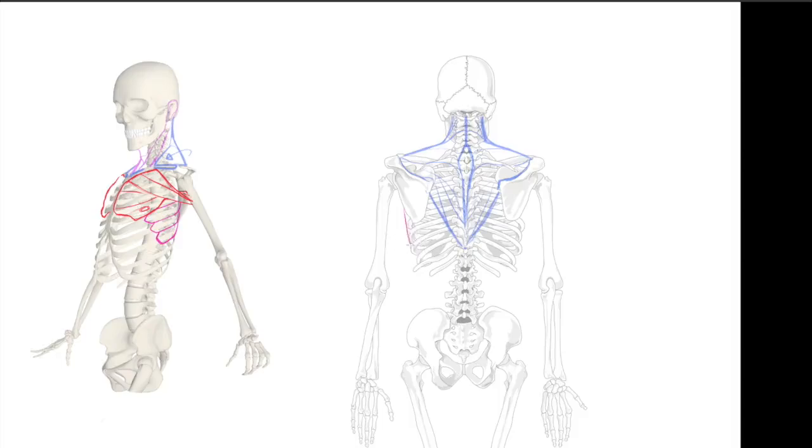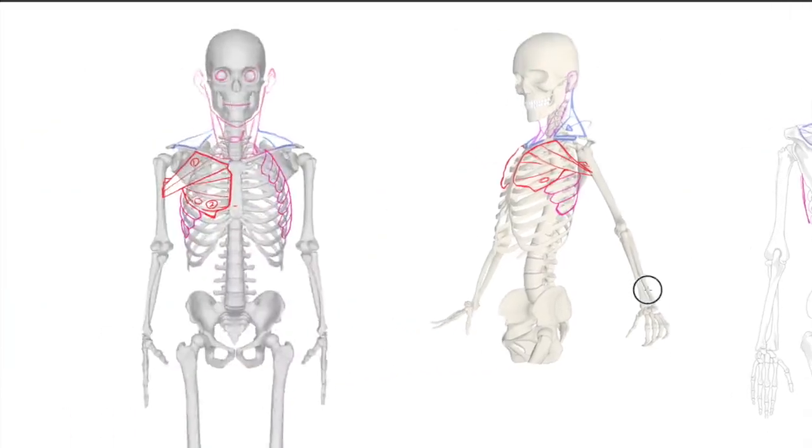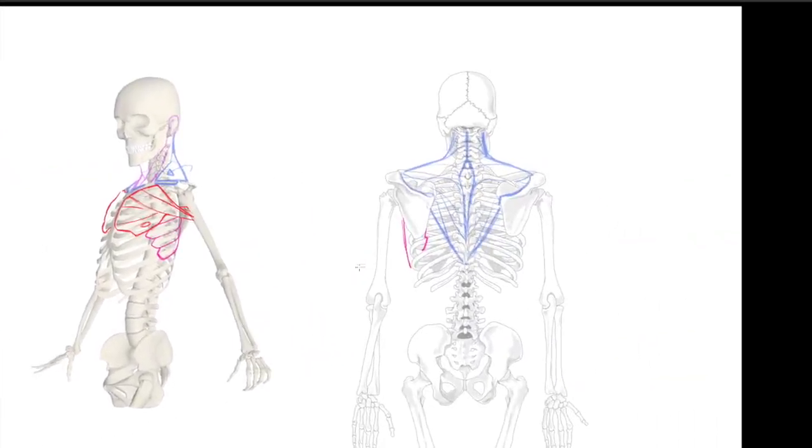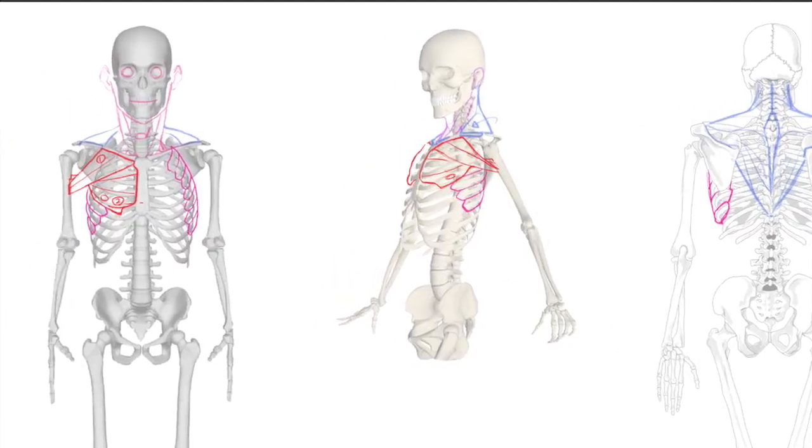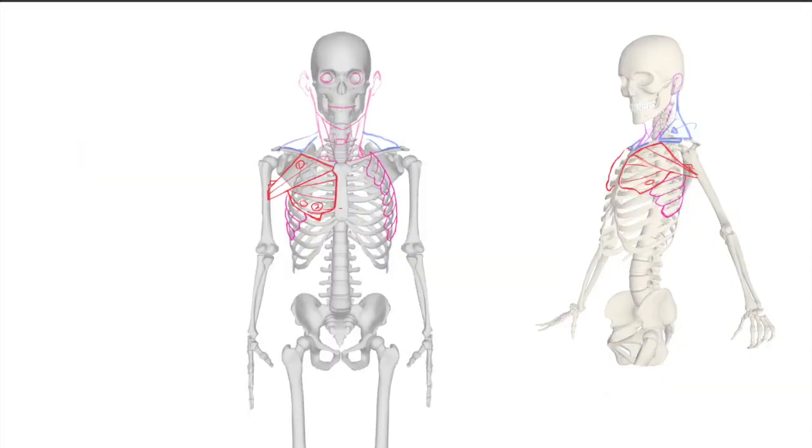And if you look from the back, it's kind of hidden under the shoulder blade. So that's the saw muscle.